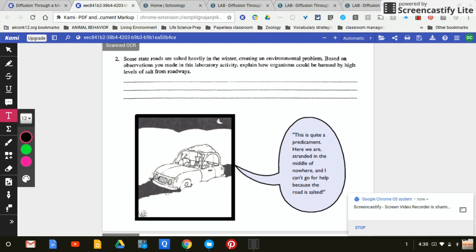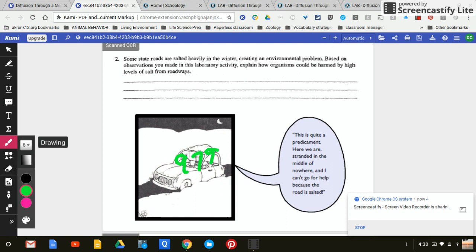So this question is asking about, let's say the whole car is going to be our cell from an organism. We're going to make them 97% water. And the outside where it's salty is going to be super salty, so we're going to say maybe it's only 20% water.